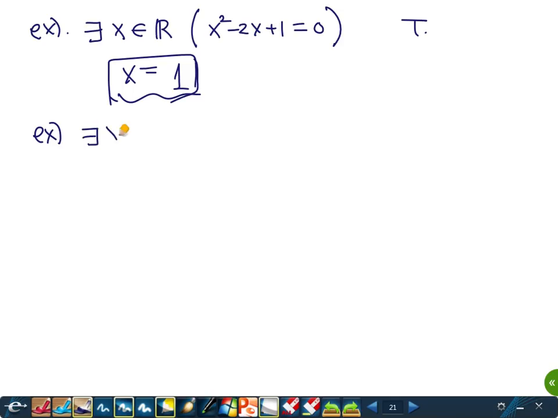And there exists x in R such that x squared plus x plus 1 equals 0. Now this is false. You can show that this is always greater than 0.